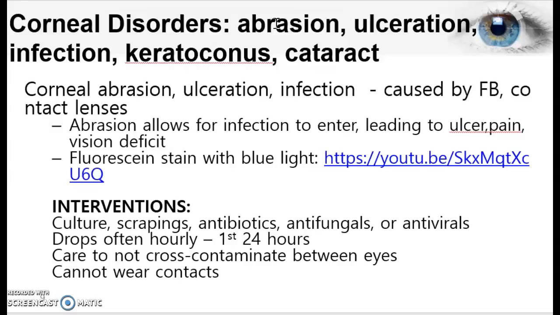And abrasions can be caused by the lashes, they could be caused by foreign body, they could be caused by contact lenses. And the way that this is really assessed is they use a specific type of stain that they put in your eye, and they use a blue light to look at, and I've included a YouTube for y'all to look at to see what that actually looks like in the eye firsthand.